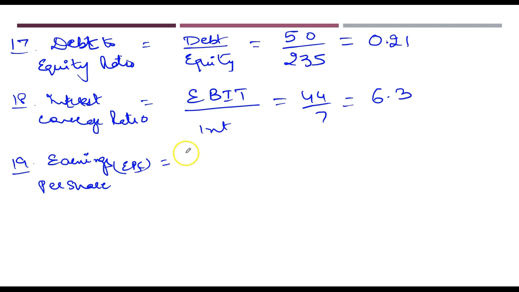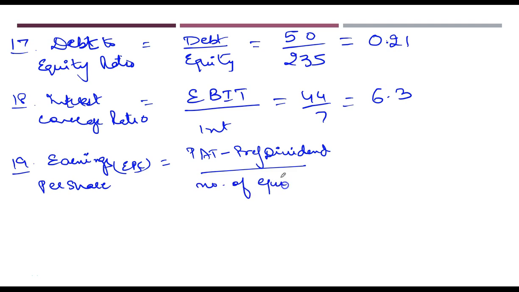How do we calculate this? It is profit after tax minus preference dividend divided by number of equity shares, right? Earnings per share is PAT minus preference dividend divided by the number of equity shares.